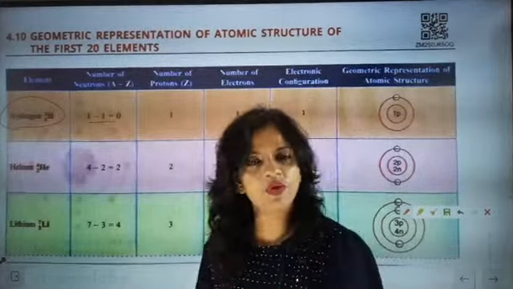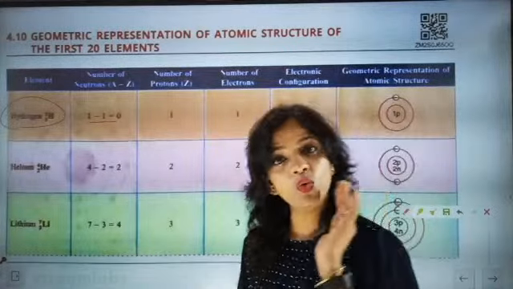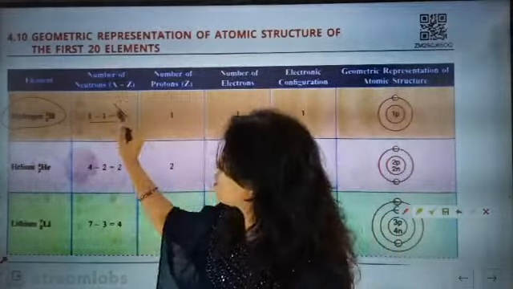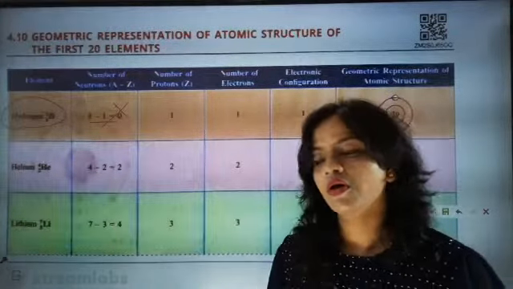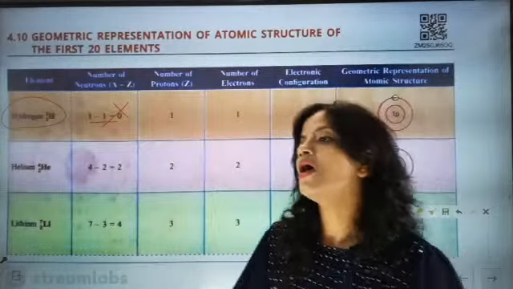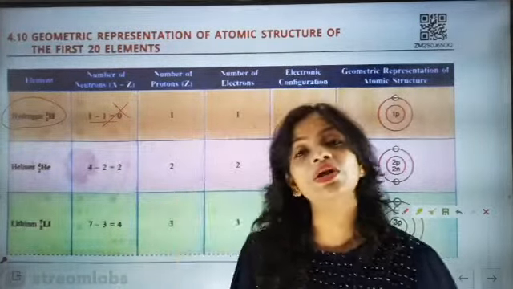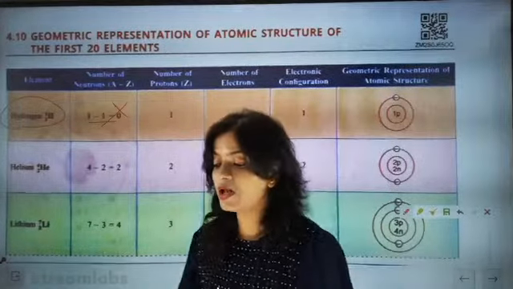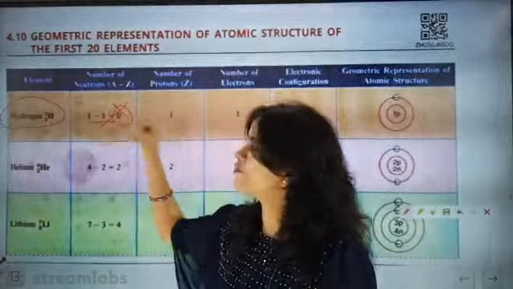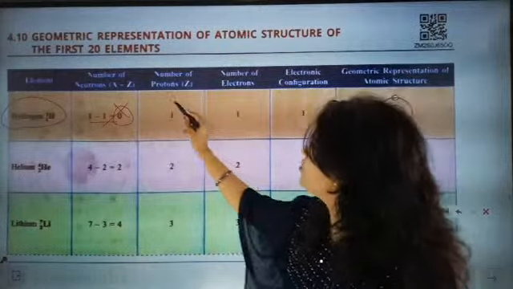You have to remember one thing: hydrogen is the only element in the periodic table which has no neutron. All the other elements have neutrons, but hydrogen does not. It has 0 neutrons and 1 proton.